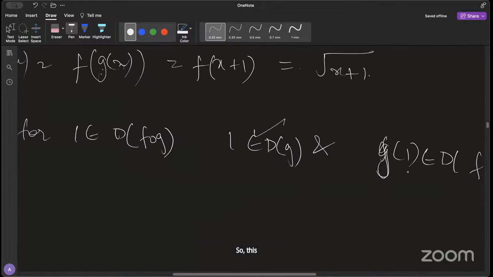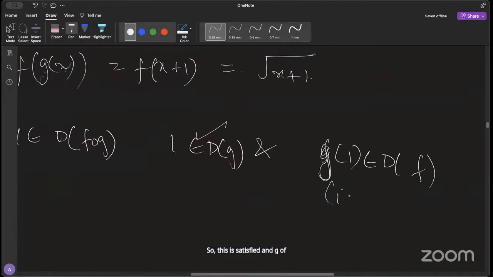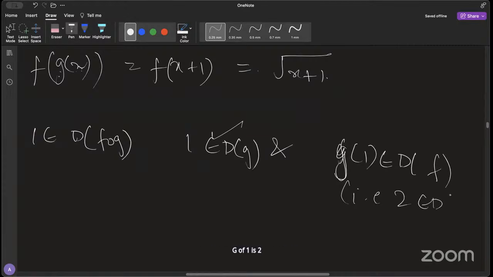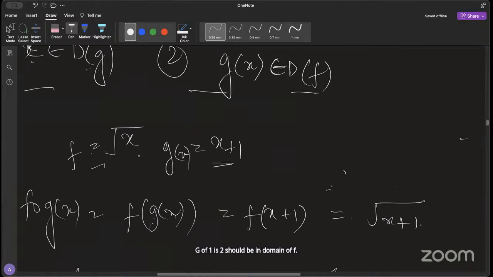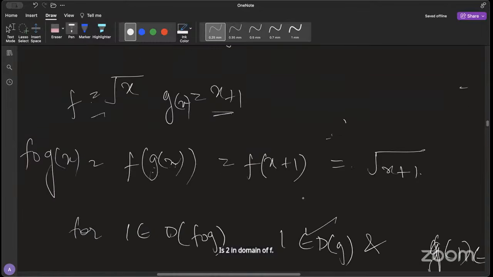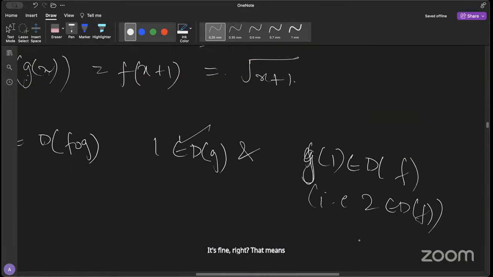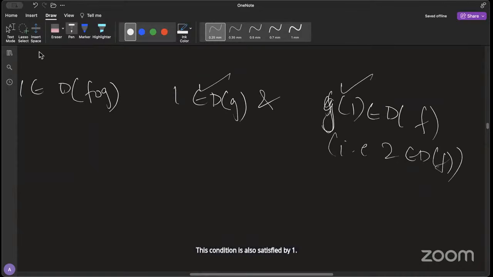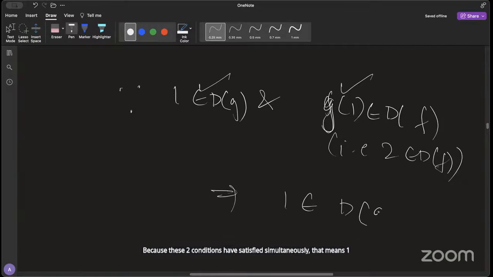So this is satisfied. And g of 1, which is 2, should be in the domain of f. Is 2 in the domain of f? It's fine, right? This condition is also satisfied by 1. Now I can say, because these two conditions are satisfied simultaneously, that 1 is in the domain of f∘g.